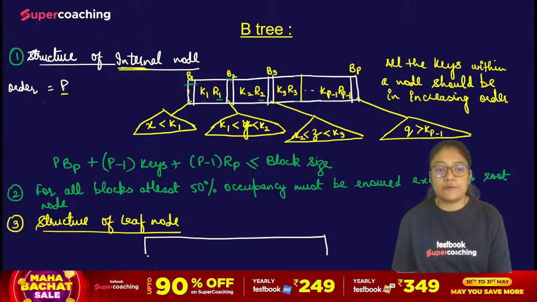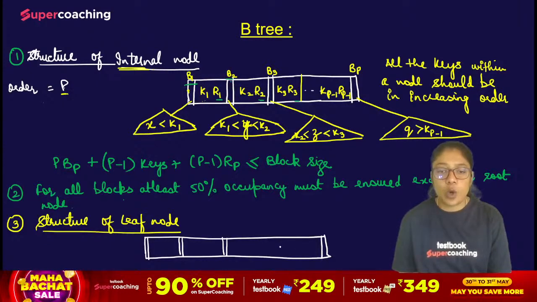This is a leaf node. And since it's a leaf node, no child is there, so these block pointers will all be pointing to null. That means no block pointer is required here.